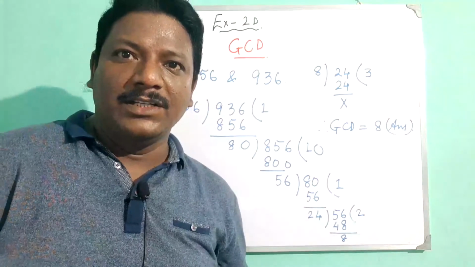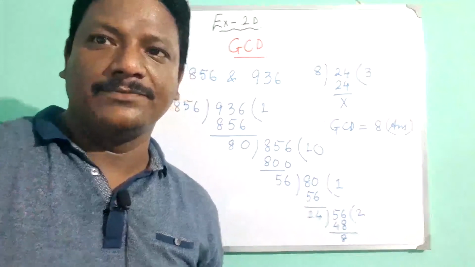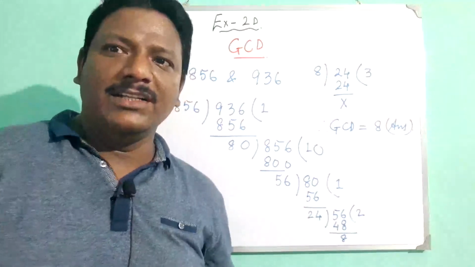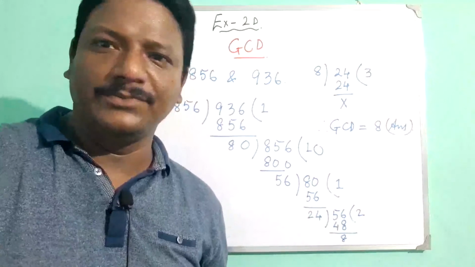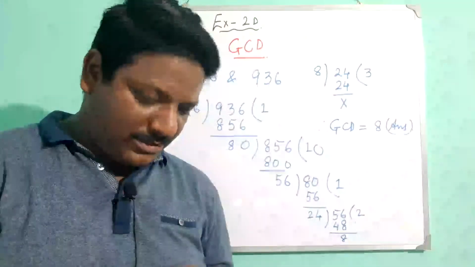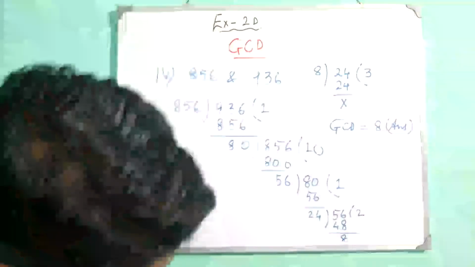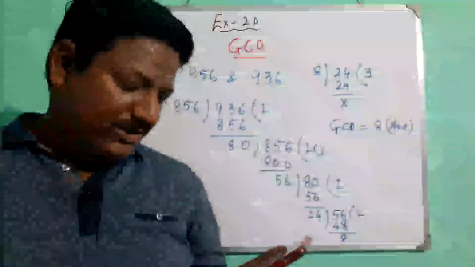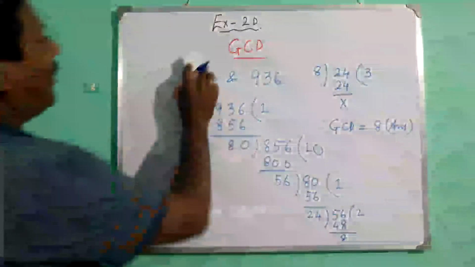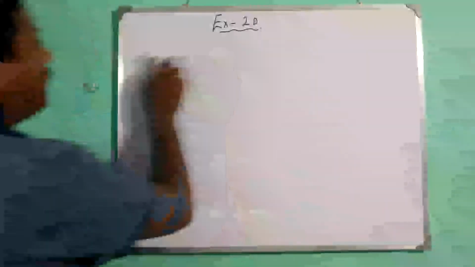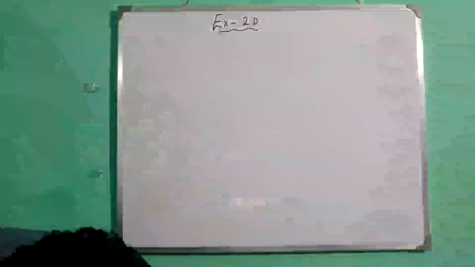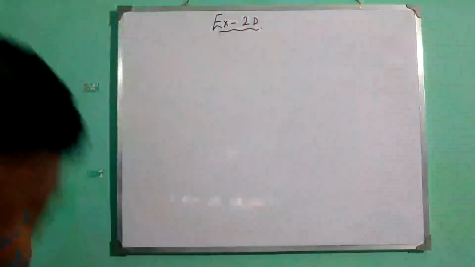Now let's go to the next sum. The next sum is question number 3. Find the HCF of the following.